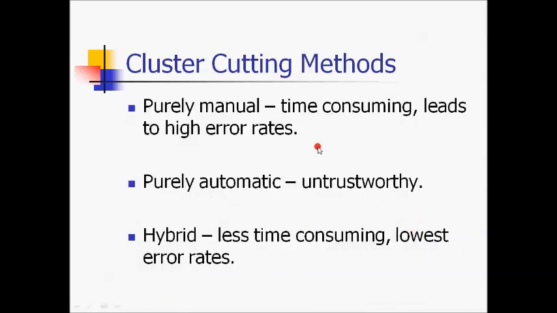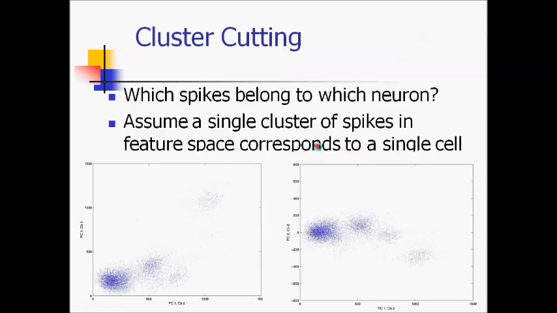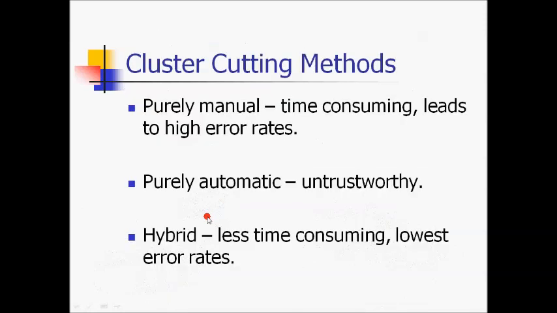Okay, so we can do it manually. By manually, I mean to manually say what is the boundary of each cluster. The other way is to ask the computer to do it purely automatically. The problem is that there are a lot of special cases for which it's difficult to train the computer to do it correctly.